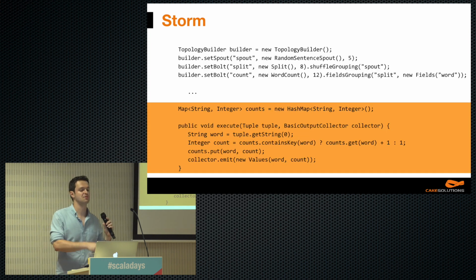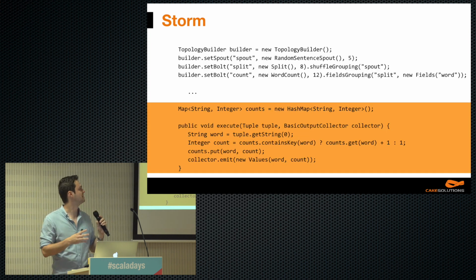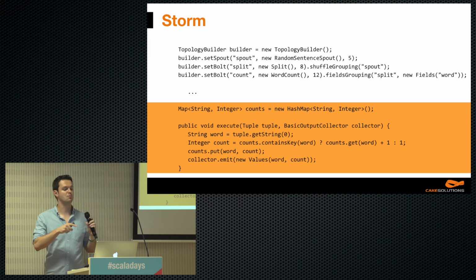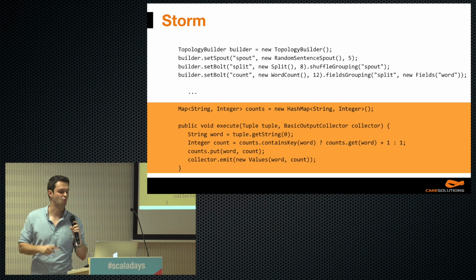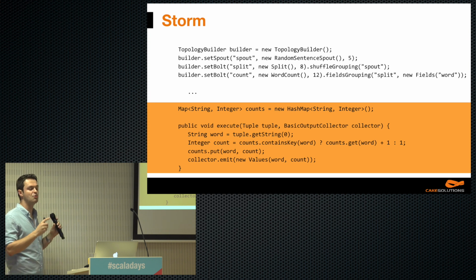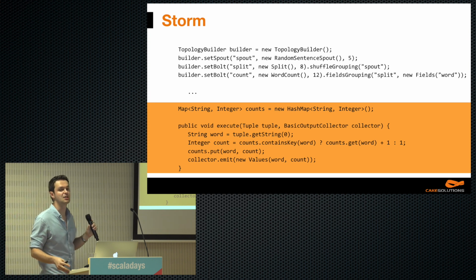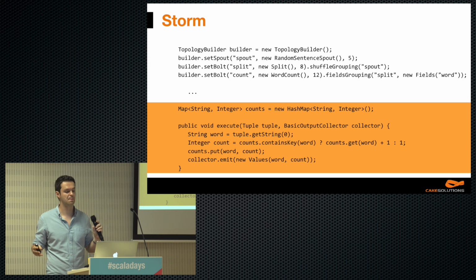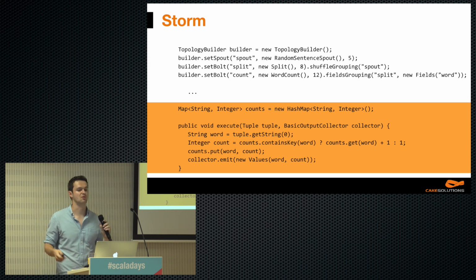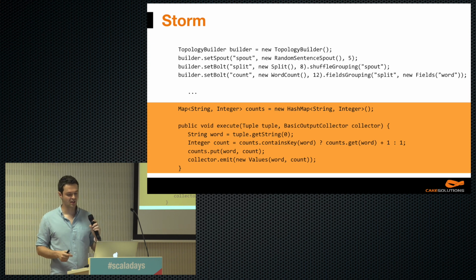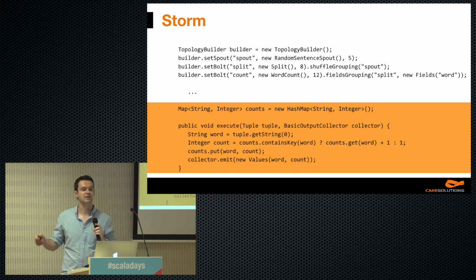And let's focus now on how the actual word count bolt is implemented. As long as Storm does not have built-in support for managed state, I have defined a local state, which is far from ideal, but let's say it's good as a sample. Apart from that, it's not very interesting, so let's move on and take a look at Trident.